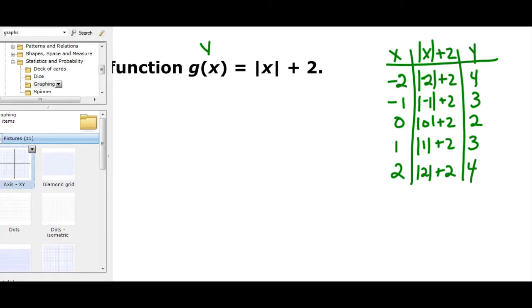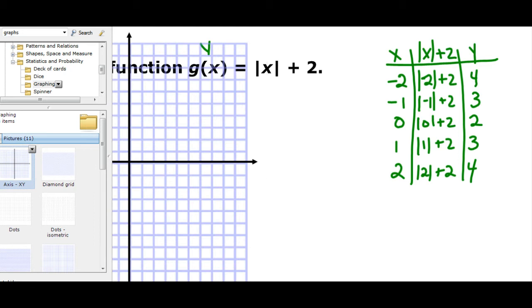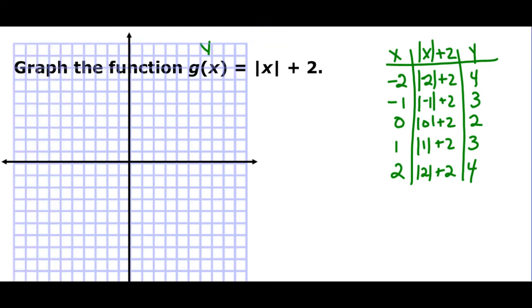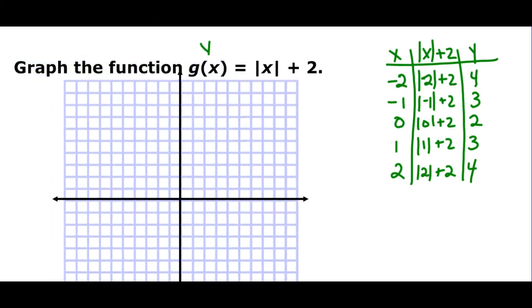Okay, so we're going to graph this one really quickly. And it's going to look like this. Okay, let's move this down a little bit. Okay, ready? So here we go. Negative 2, 4. Negative 1, 3. 0, 2. 1, 3.